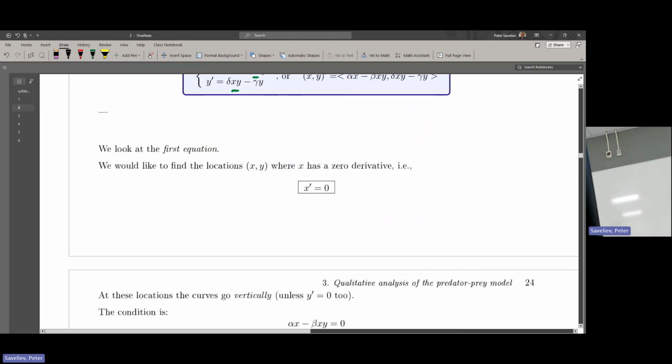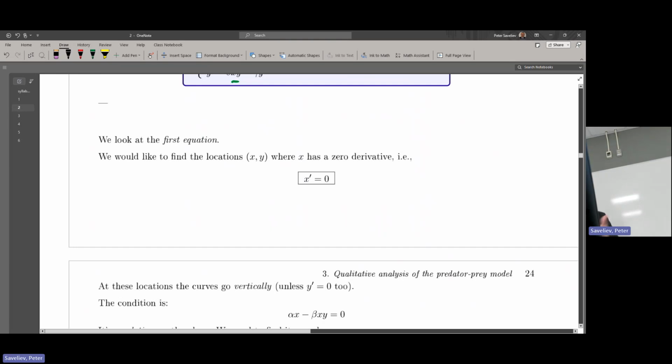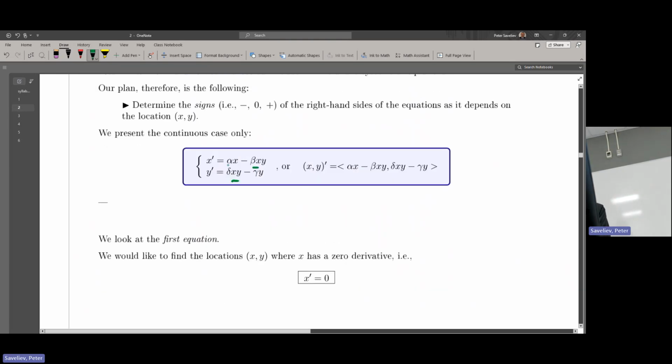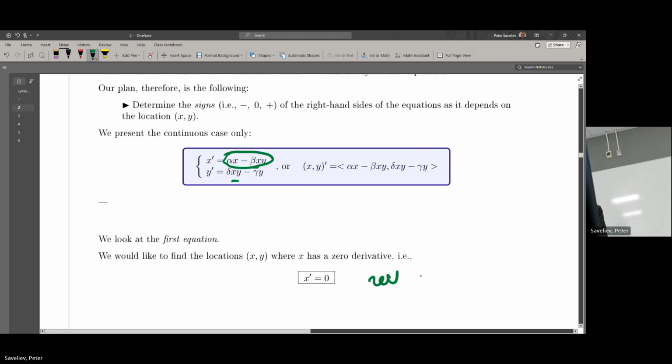So x prime equal to 0 is important. X prime is given by the first equation, and that's what we have to examine in order to determine where these reversal points are. It doesn't have to be a reversal, but we know that if there is a reversal, that's where it is.